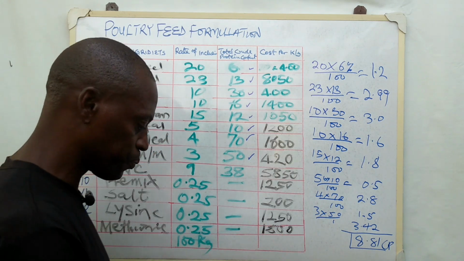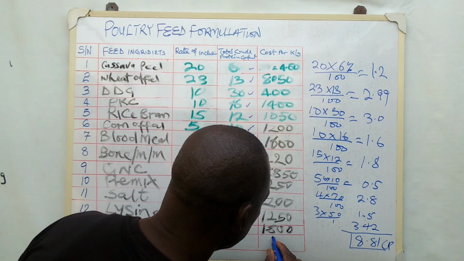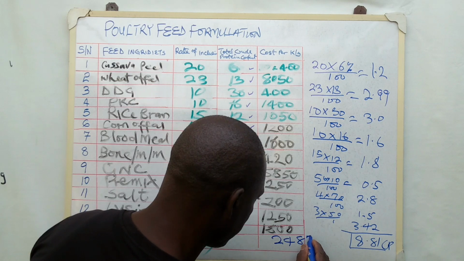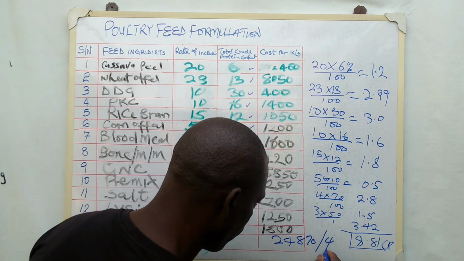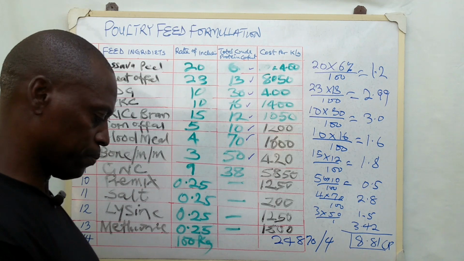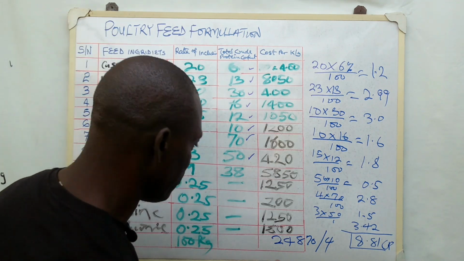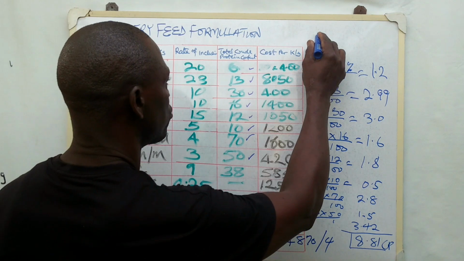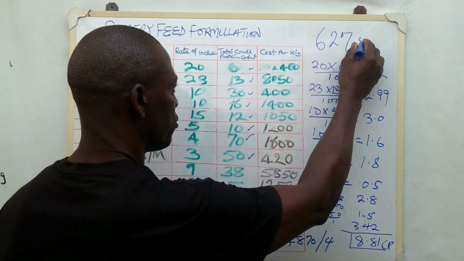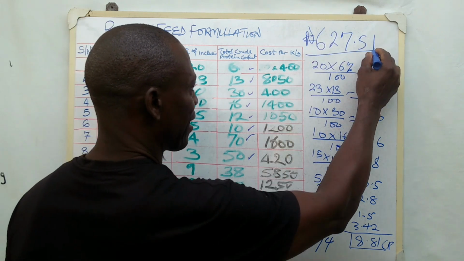Divide by 4. That is 6,217.5 naira per bag of grower feed.